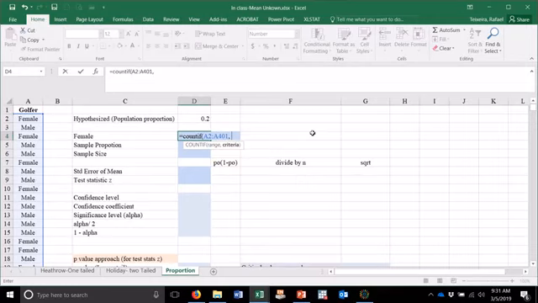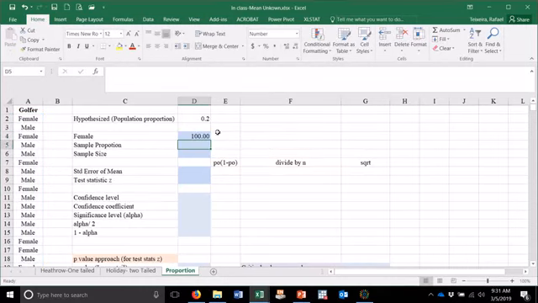To do that, I open quotation marks and I type female, because this is the word in my sample that I want Excel to count for me. So this is telling Excel that in this entire range, I want Excel to count only what says female, and then close parentheses, and then we have 100.